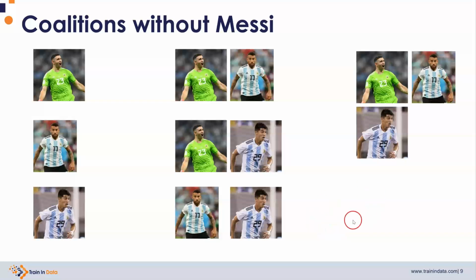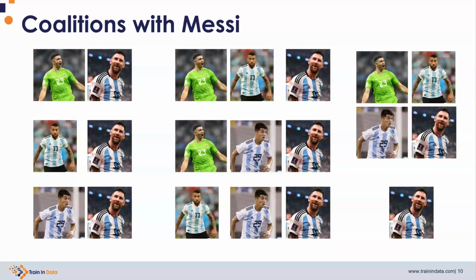So we make all these coalitions and then we determine the results of the game for each one of these teams. And then we add Messi to each one of the coalitions and we can obtain the contribution that Messi made to that coalition by calculating the increase or the decrease in the reward when he was added to each coalition. This is what's called Messi's marginal contribution.